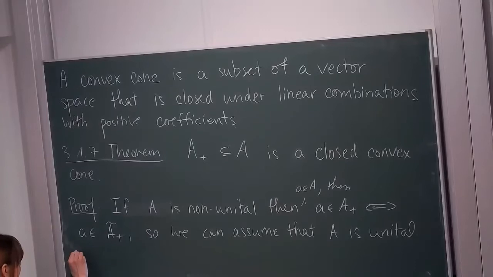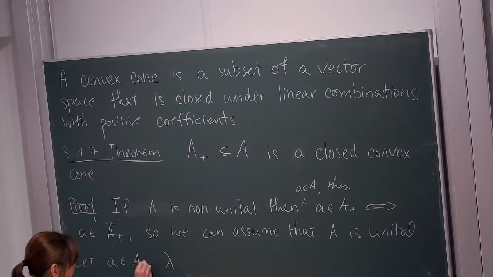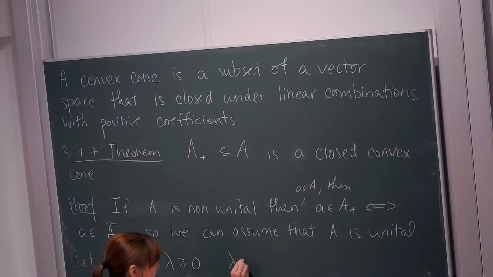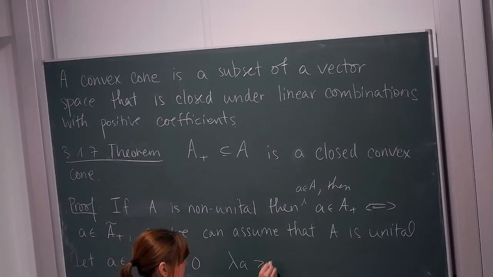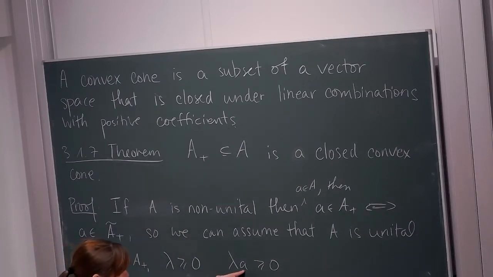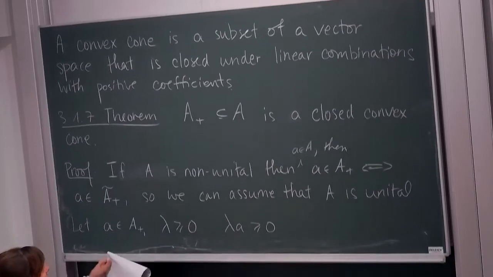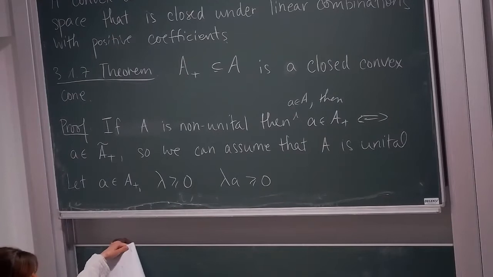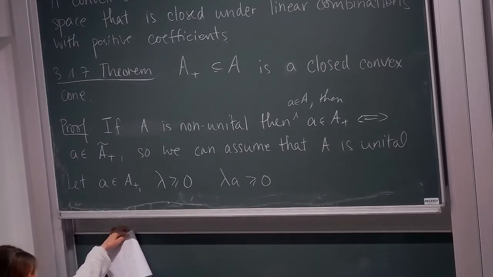Okay, so first of all, if A is in A plus and lambda is greater than or equal to 0, then lambda A is quite clearly also going to be positive, since it's self-adjoint, since lambda is real, and the spectrum is just going to be lambda times things in the spectrum of A. So to see that A plus is indeed a cone, we just need to see that the sum of two positive elements is positive.